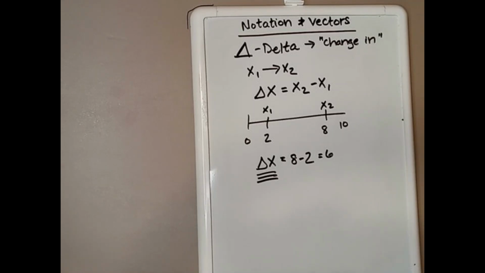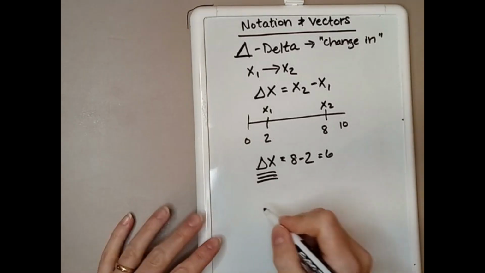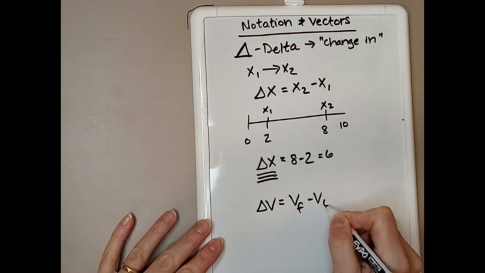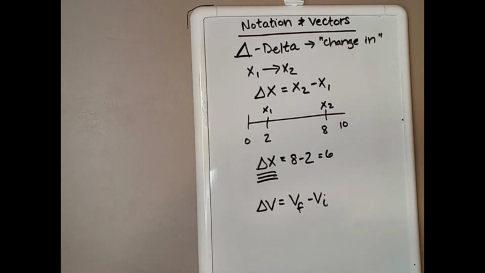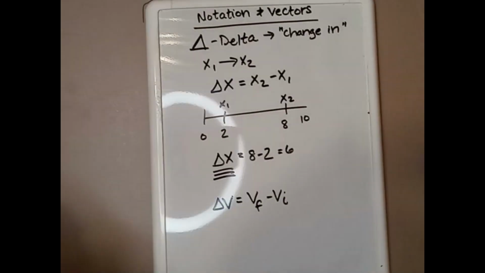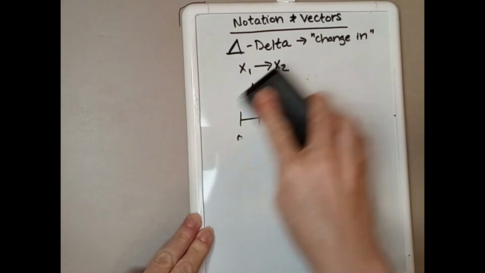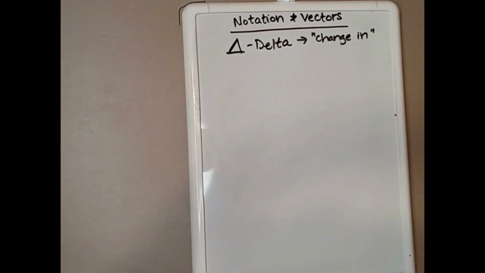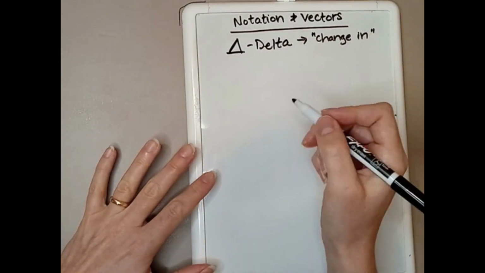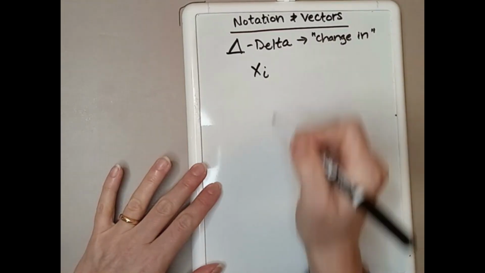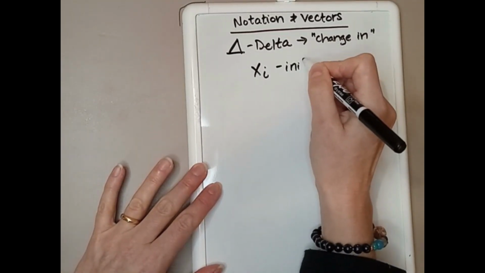And this will also apply to things like velocity. I'll say delta v, and that is just going to be your final velocity minus your initial velocity. It's always going to mean a change in, and we're always going to do the final position or velocity minus the initial position or velocity. So to that end, we'll also talk about initial and final positions. We do a lot of subscripts in math and physics. So initial position will always be denoted with a sub I. So we'll have x with subscript I. That will always be your initial quantity.